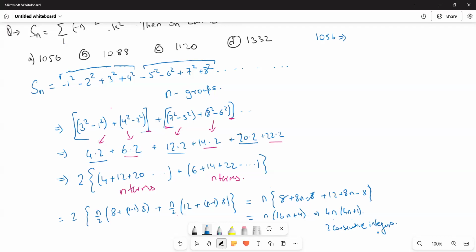So we'll have to look at कि भाई इन चारों में what is the consecutive integers वाला relation. So 1056, what can we express 1056 as consecutive integers में?